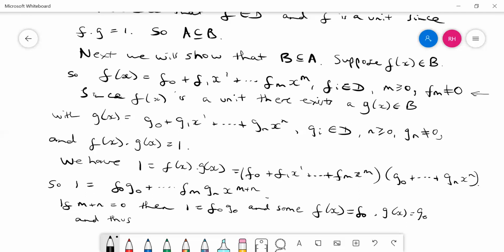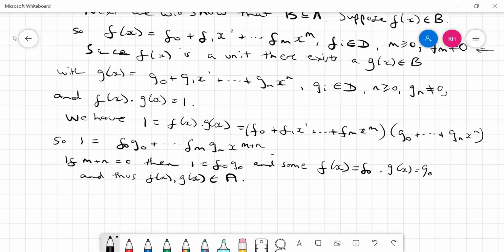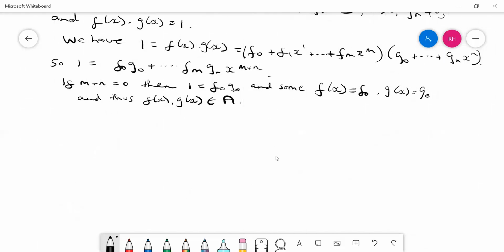We've seen that they're units, and so f(x) and g(x) would be elements of D, and they're units, so they're elements of A.